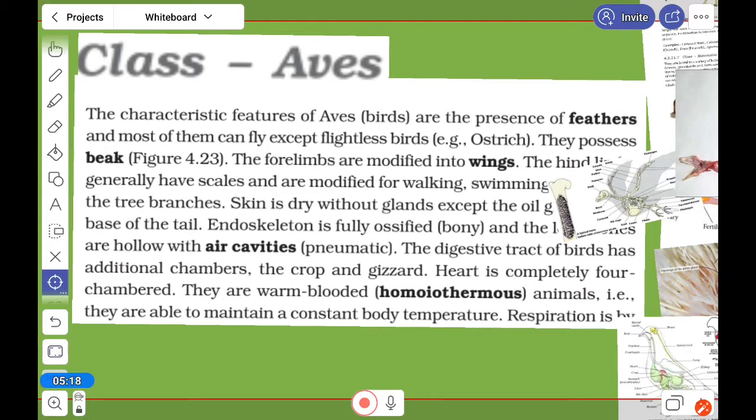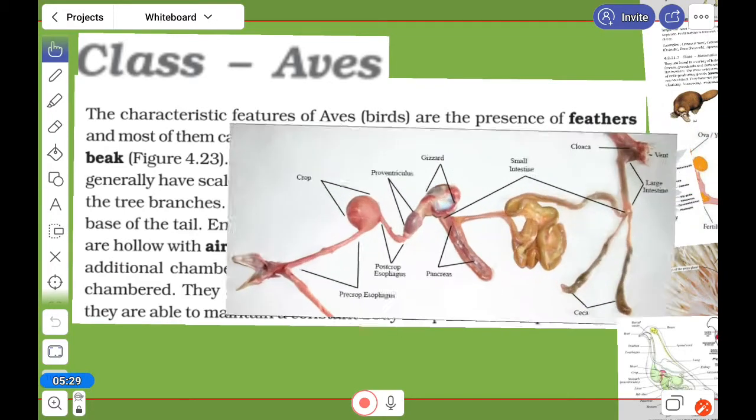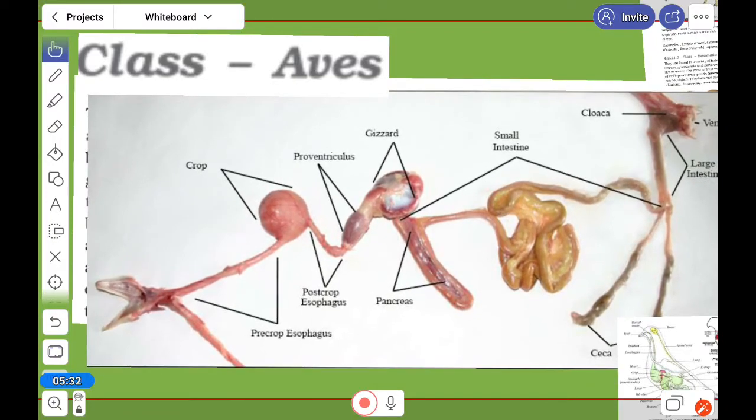Now next is the digestive tract. The bird has additional chambers, the crop and the gizzard. If we see the original photograph of the chicken here, this is the mouth, and this is the esophagus. After that, the crop is the reservoir of the food material. If they get more food material, it is stored there. Here is the proventriculus, which is the stomach.